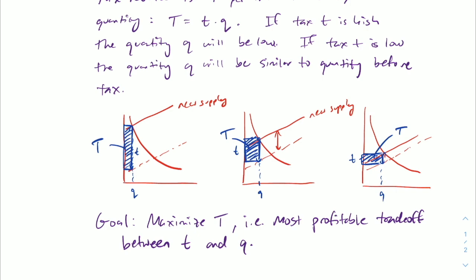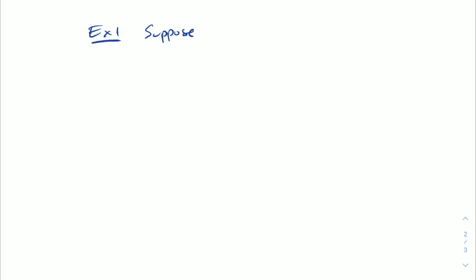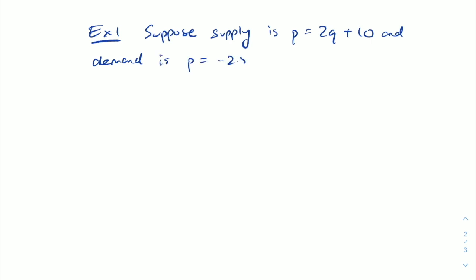Okay, so let's work through an example. Call this example 1. So suppose the supply curve is P equals 2Q plus 10, and the demand curve is P equals negative 2.5Q plus 640.